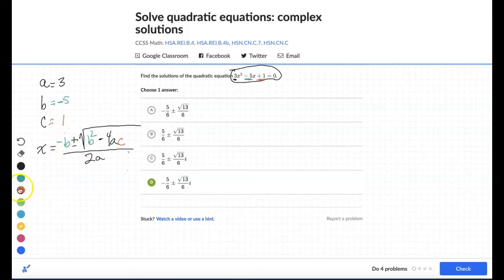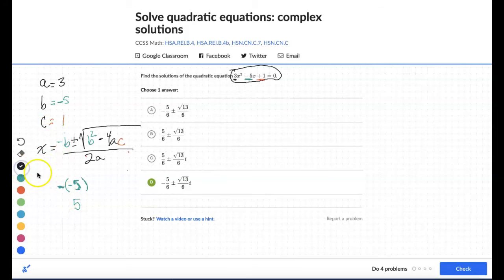So let's start by looking at the opposite of b. I always suggest that you put your b value, in this case negative 5, in a set of parentheses. So in our case, the opposite of b would be the negative of negative 5, which would be a positive 5.